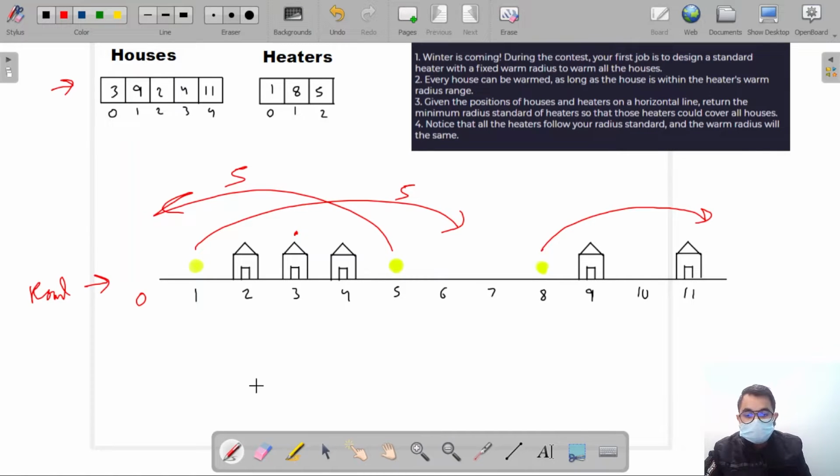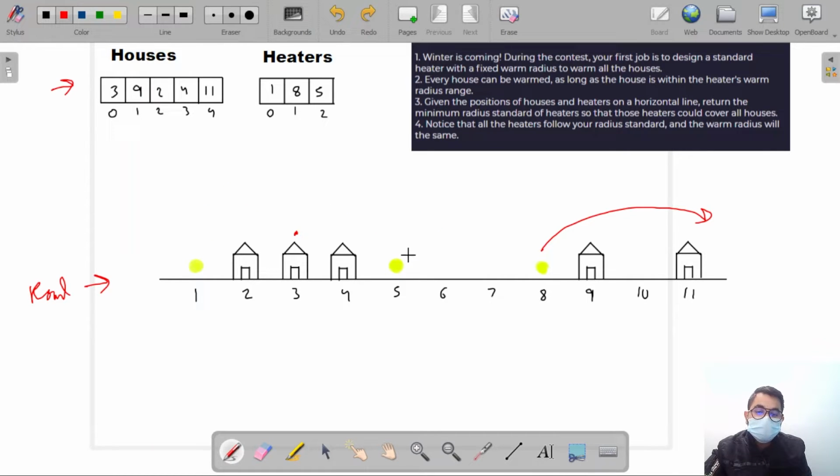But let's say if I don't have this heater, then also I am able to cover all the houses because my radius was 5. So it is said that even if there is only one heater, it should be able to heat all the houses. This is what we have been given in the question.